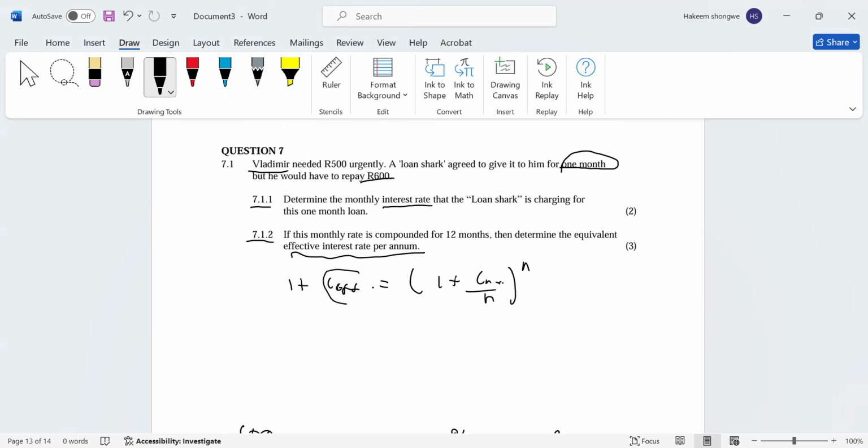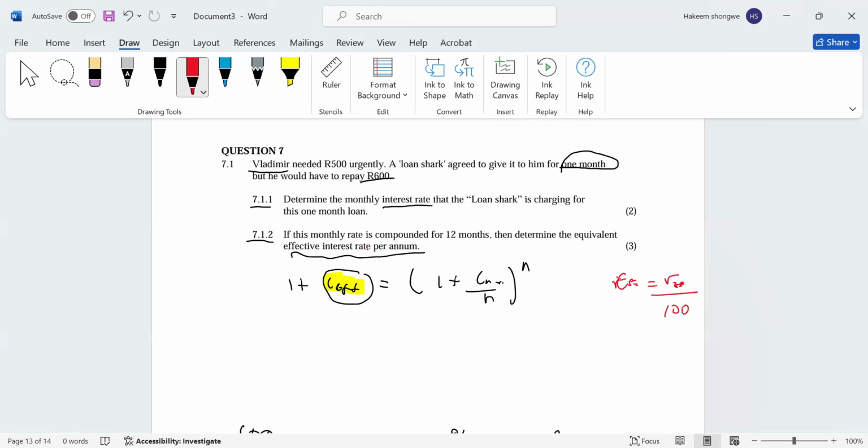We're looking for the i effective, which can be written as r effective all over 100.